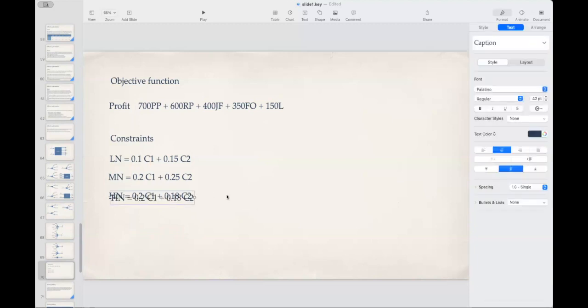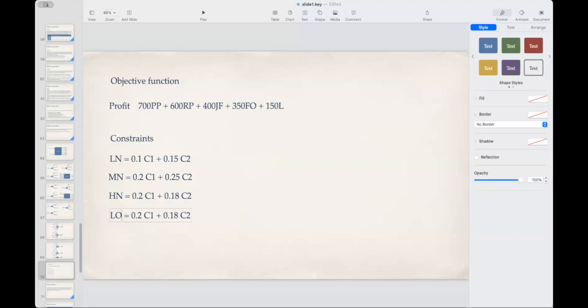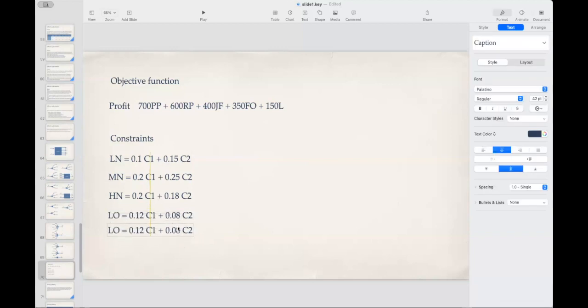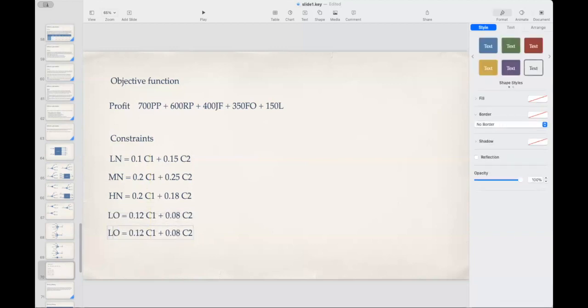Yes, we move to light oil, right? 0.12 C1, and 0.08 C2. Okay. The next one is heavy oil. 0.2 C1 and 0.1 C2. Okay, good.